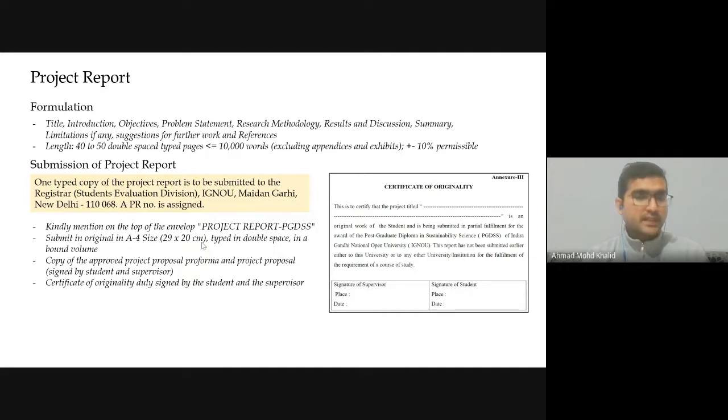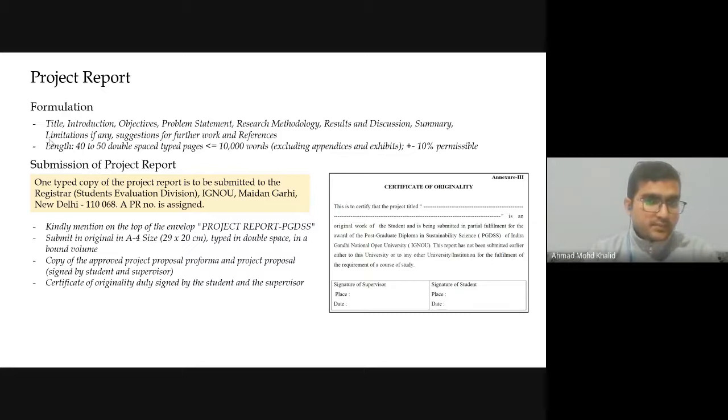So there are some guidelines given, like the length of your report should not exceed, say, 10,000 words, that is also a typical length of a review article, journal article, and it should be 40 to 50 double spaced pages. But it's not a standard rule, and there can be flexibilities, plus minus 10% as permissible.